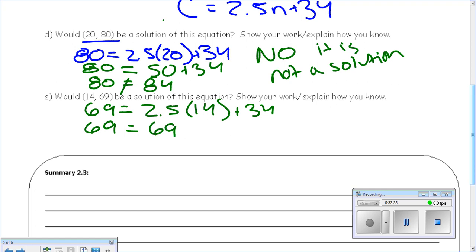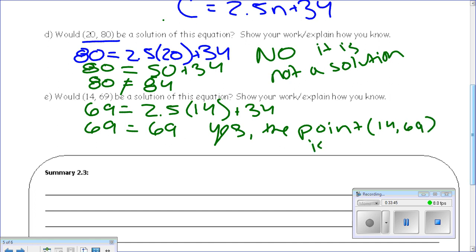Does 69 equal 69? Yes. So we would say yes, the point 14, 69 is a solution. If one side equals the other, then it's a solution, and it's a point on that line. If they do not equal each other, then it is not a point.